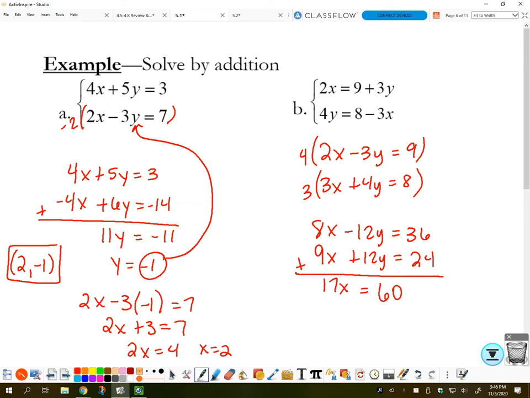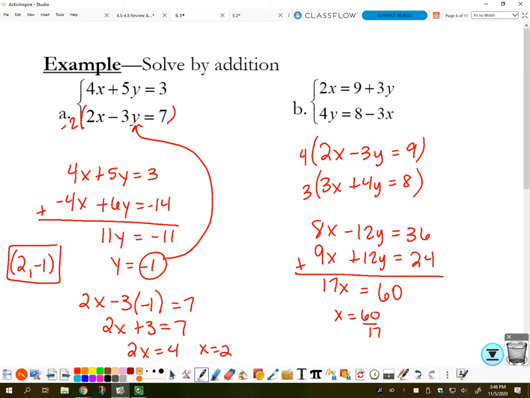Alright, so I'm second guessing myself because my numbers aren't working out nice, but 4 times 2 is 8, 3 times 3 is 9, 9 plus 8 is 17, 4 times 9 is 36, 8 times 3 is 24, and 24 plus 36 is 60. Okay, so we do get 60/17 as the answer. Answers are not always pretty, but I didn't remember there being a yucky one on this.